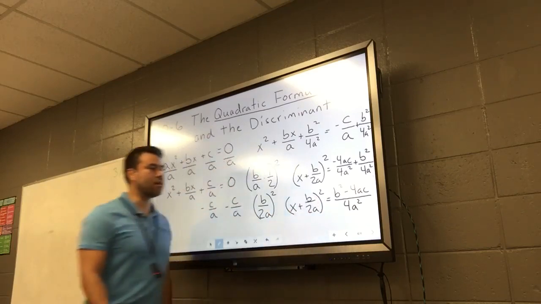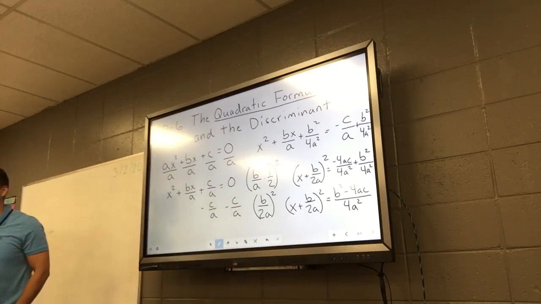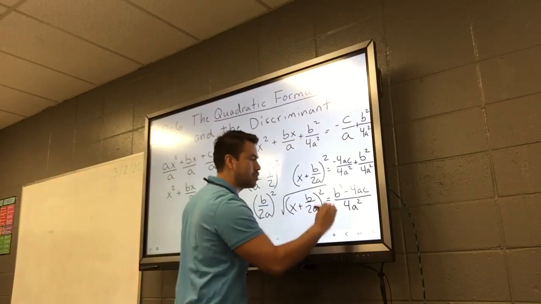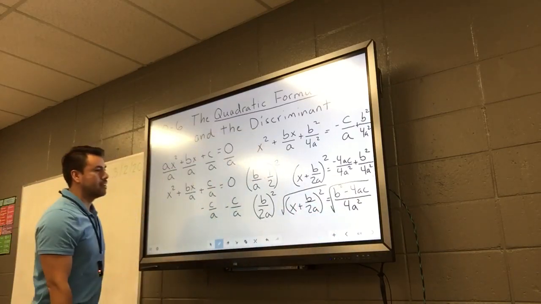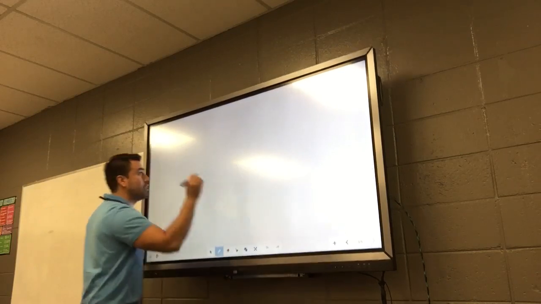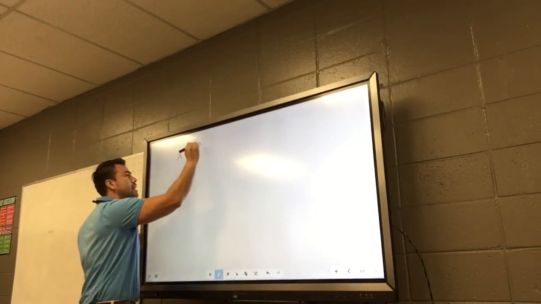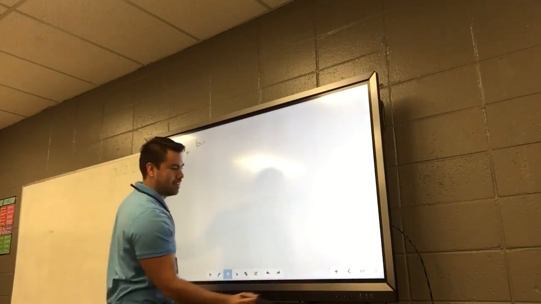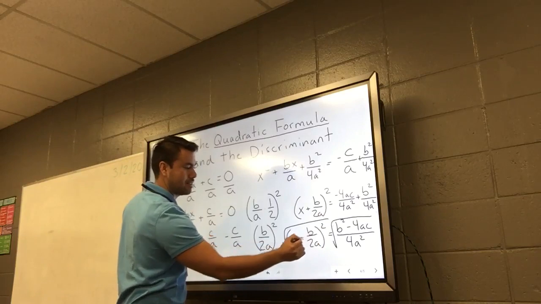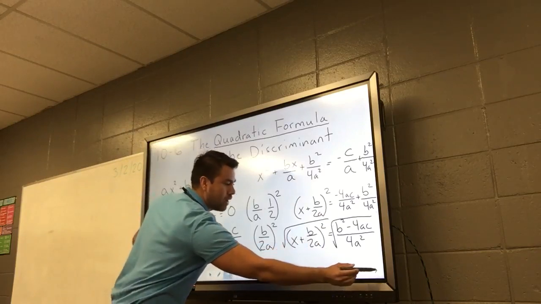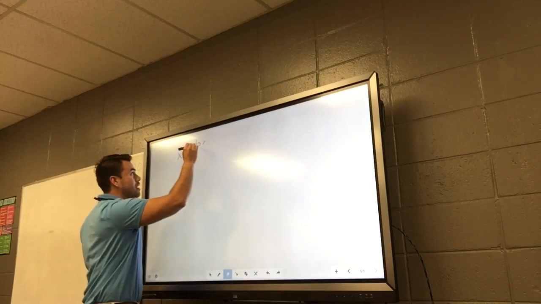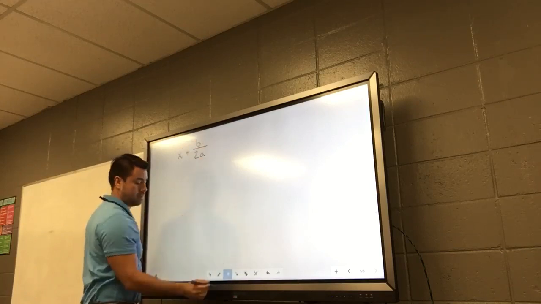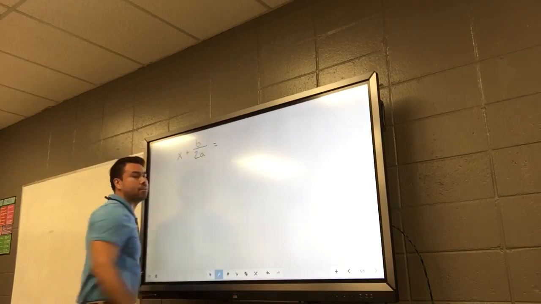Right, so how do I solve for x? That's the whole goal. I still want to solve for x. Square root both sides. Now this is where I need the extra space. I am left with x plus b over 2a equals, and then what am I left with on the other side?